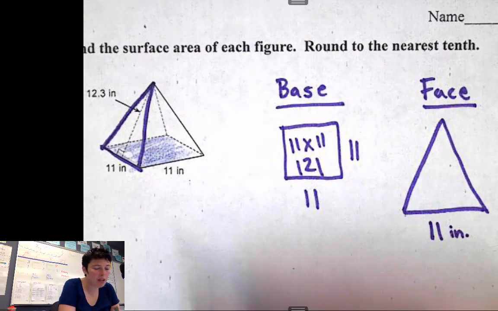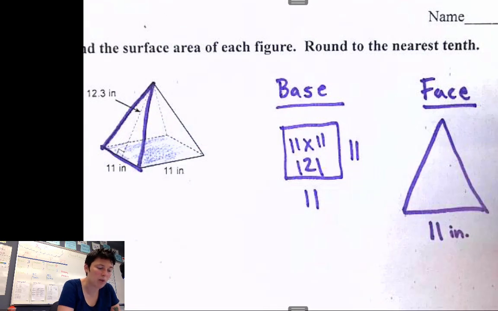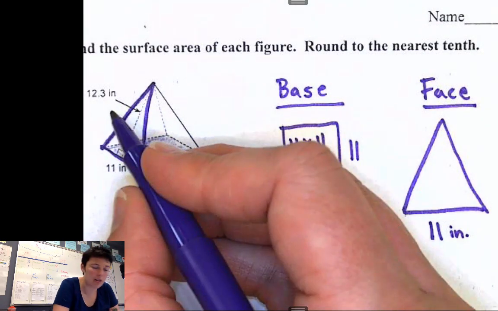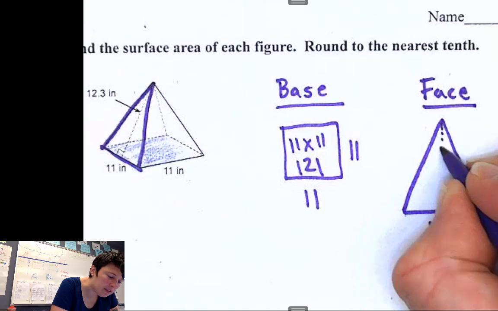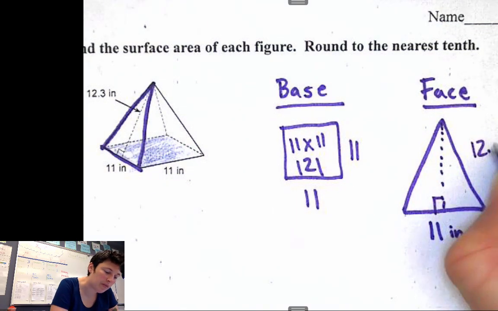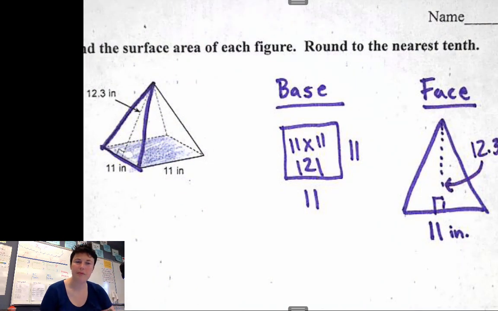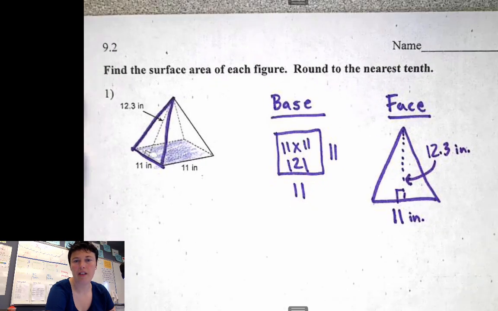And then down the middle, how convenient, they have this dotted line at a 90-degree angle that measures 12.3 inches. So right down the middle, I see a 90-degree angle and it measures 12.3 inches. And that's this thing right here. I'll zoom out so you can see the whole thing there.